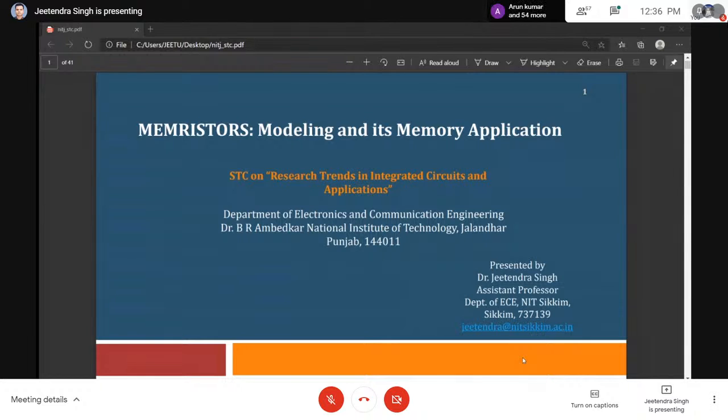He received his BTech degree in Electronics and Communication Engineering from Uttar Pradesh Technical University, Lucknow in 2009 and MTech degree in Microwave Engineering from University of Delhi, New Delhi in 2012. He received his PhD degree in VLSI Design from Dr. B. R. Ambedkar National Institute of Technology, Jalandhar.